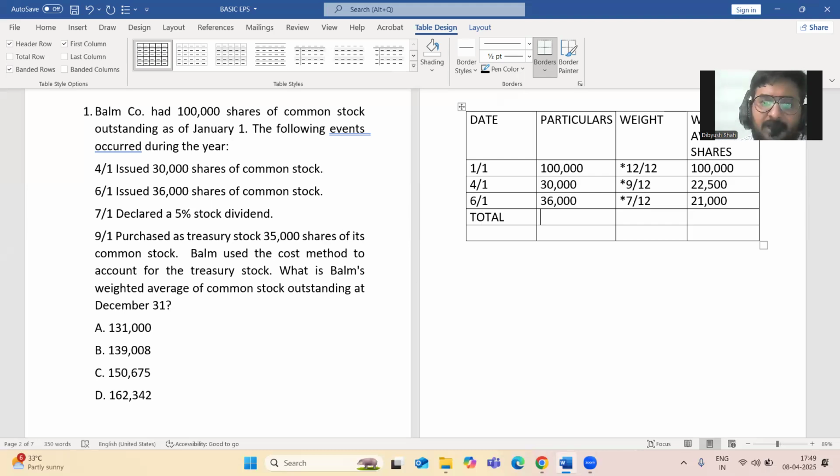So yes, the total number of shares outstanding is 1,66,000. But for the purposes of EPS, weighted average shares is 1 lakh plus 22,500 plus 21,000, that is 1,43,500. That is the number of shares outstanding for the purposes of EPS.